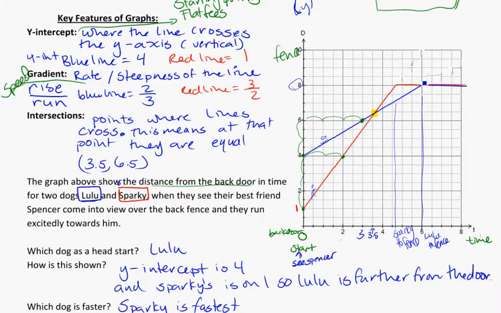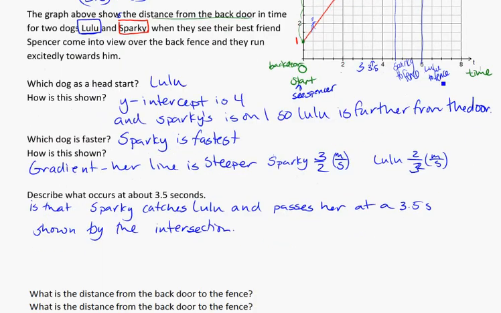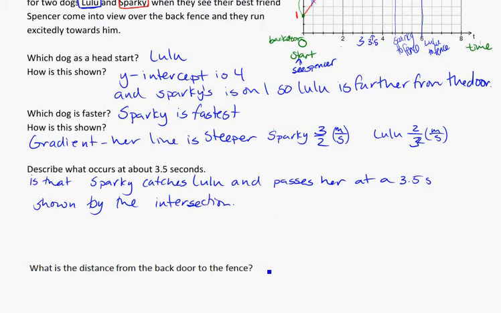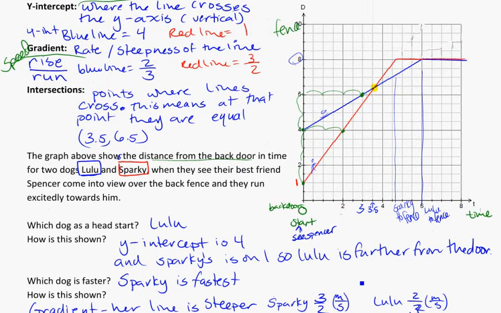And then at that point, they're hanging out at the fence, saying hi to the cat. So the distance from the back door to the fence is 8 meters. And we see that because the line levels off. It can't go any further.